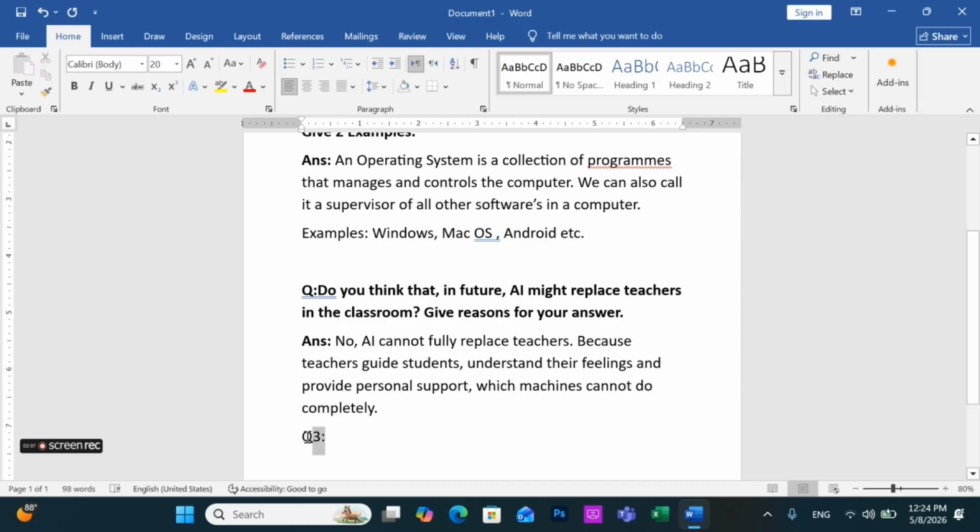And there is question number 3, the last question for today's lesson. What is the biggest advantage of the microprocessor?